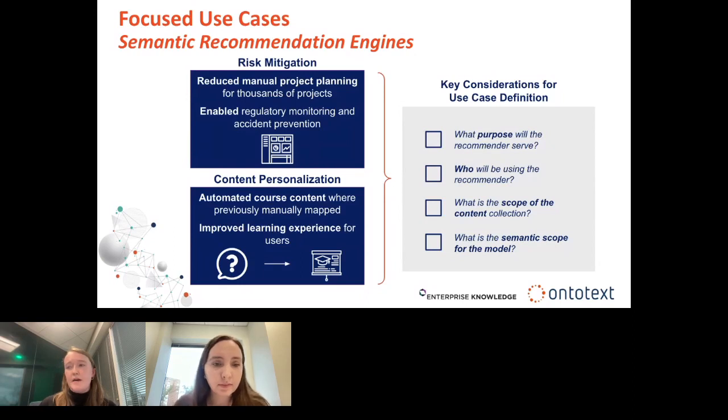We helped a healthcare training organization automatically recommend training content for users based on their specific profiles and needs. As we go through these use cases, think about the use case, the persona needs that we're talking about, and how that can allow us to make those data-driven decisions and build out the use case. So with that, Annabelle is going to walk us through the first one.